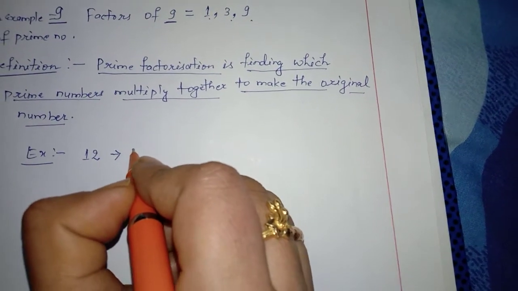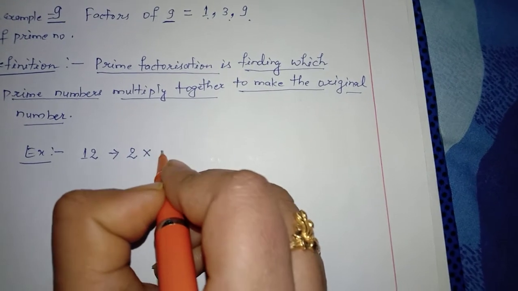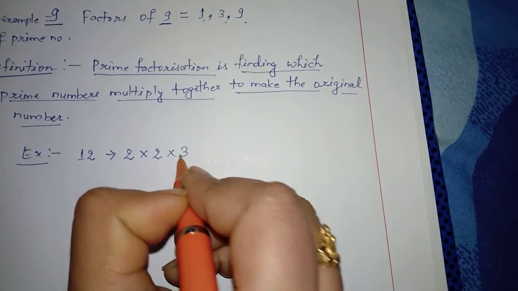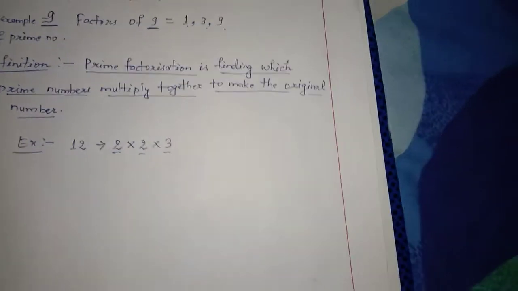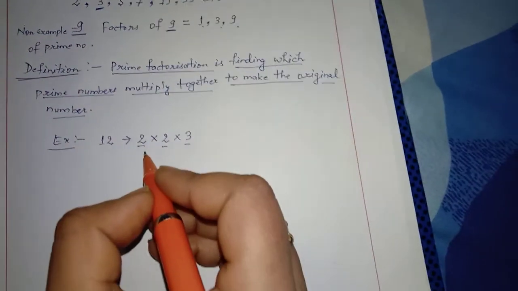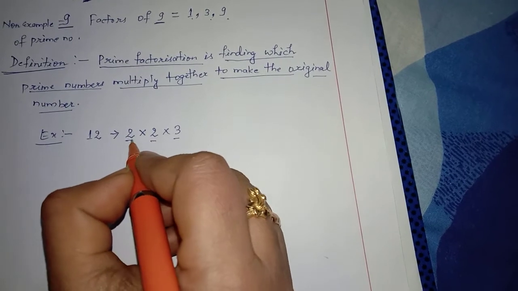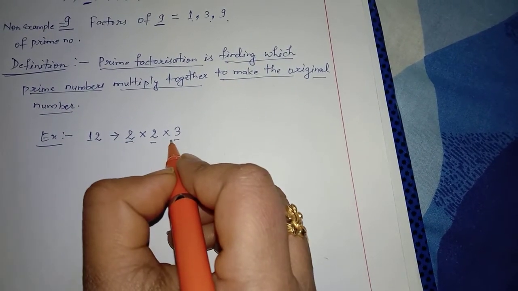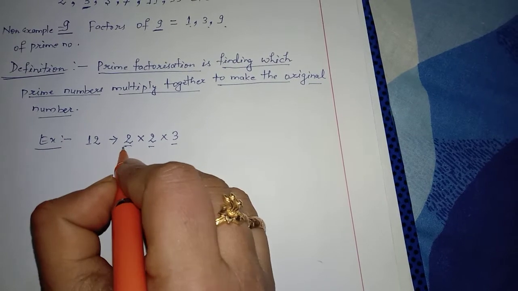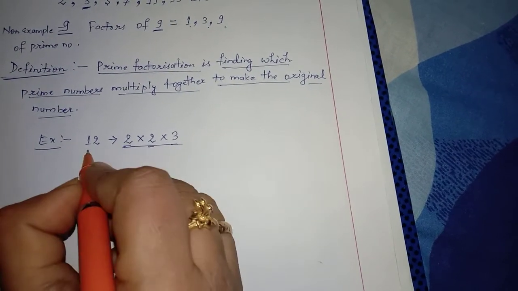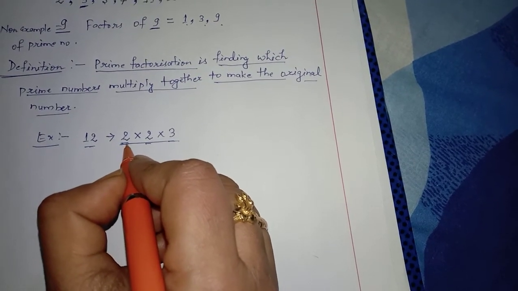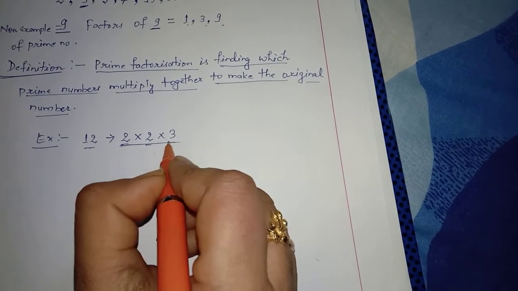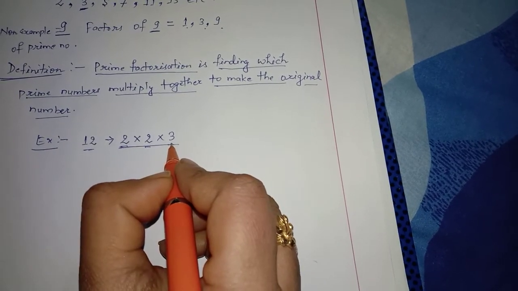Can we write 2 into 2 into 3? 2, 2 and 3, are all these prime numbers? Yes. So if we write 12 in this form, 2 into 2 into 3, it is the prime factorization of 12. In this factorization I have used only 2 and 3, and both are prime numbers.